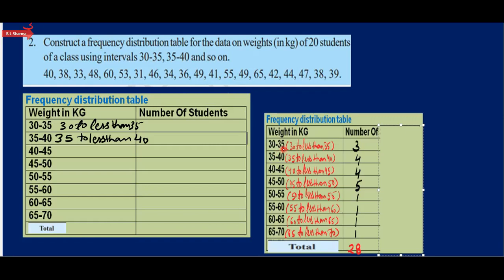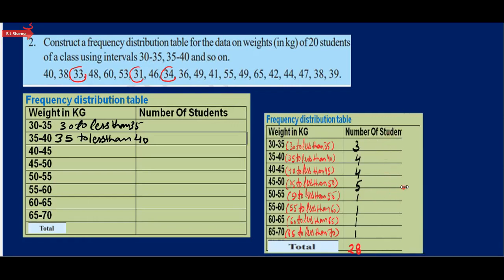So see here, 1, and then 2, then 3. Yes, only these 3 students are there having the weight of 30 kg and above but less than 35 kg. So here the frequency is 3.